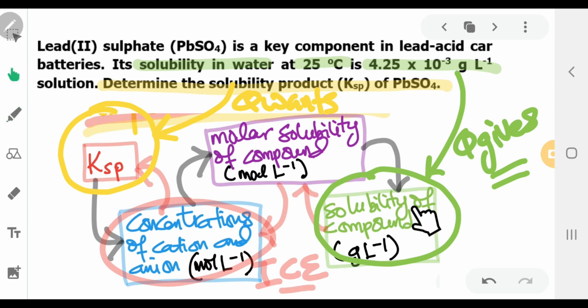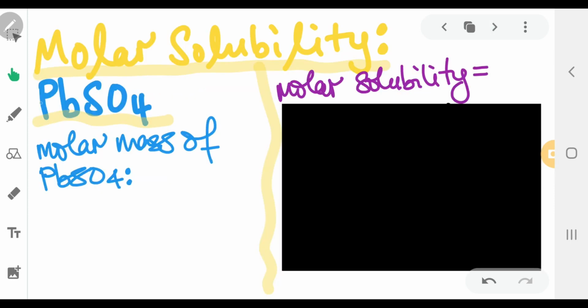Now, the first thing we need to do here is to convert solubility of the compound in terms of gram per liter into molar solubility of the compound, mole per liter. So to find the molar solubility of lead sulfate, we need to find out what is the molar mass of lead sulfate.